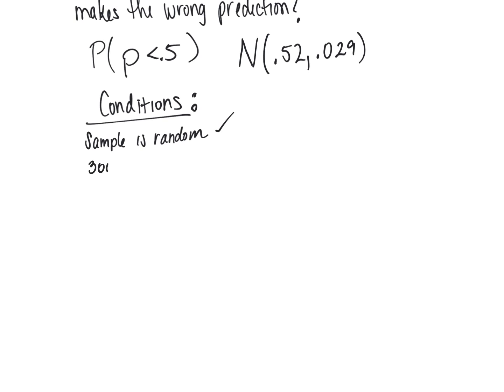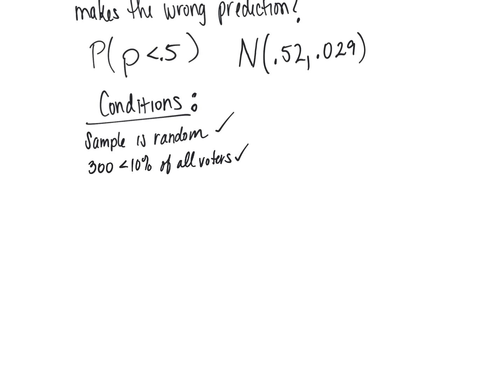We're going to assume that 300 is less than 10% of all voters. That would mean 3,000. It's likely that this school district has more than 3,000 parents to vote, or this city has more than 3,000, so it's a pretty good assumption we can make.